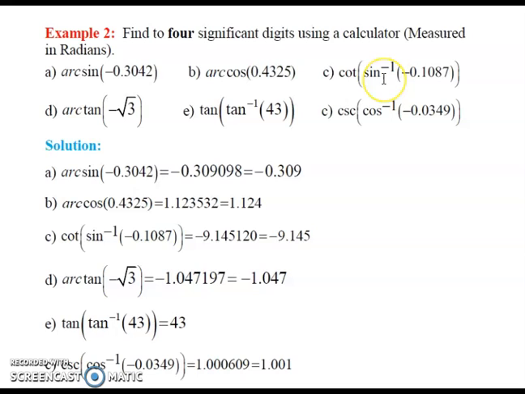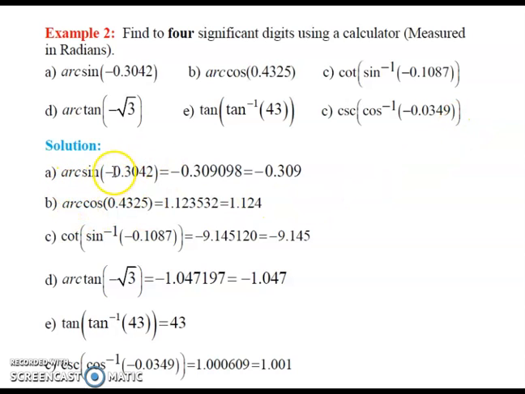Cotangent of sine inverse of -0.1087. Arc tangent of -√3. Tangent of tangent inverse of 43. Cosecant of cosine inverse of -0.3049.